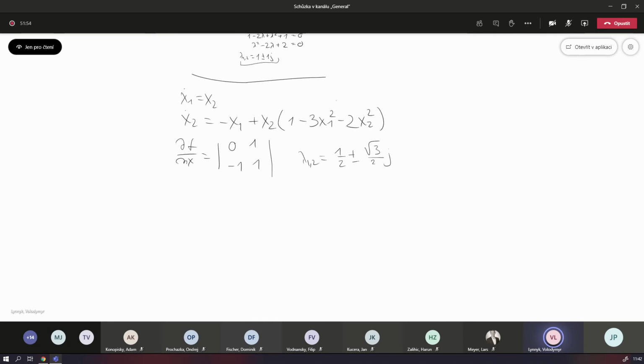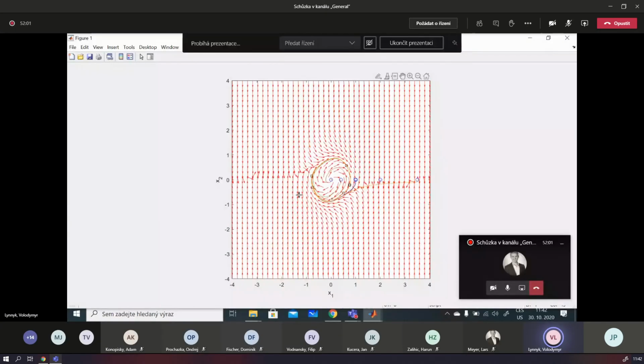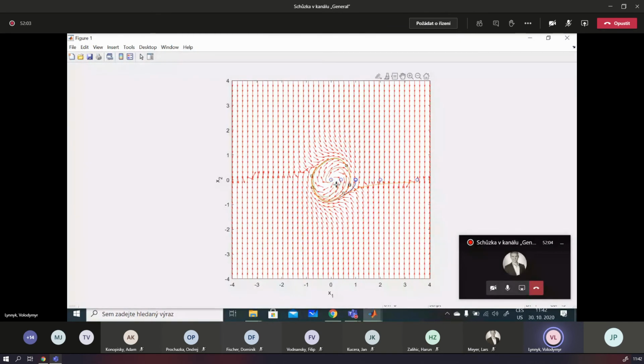Okay, and now I can show you the result of the simulation. Okay, it's like the previous example, yes, and when we start near the origin, then the solution converges to a stable limit cycle. Yeah.